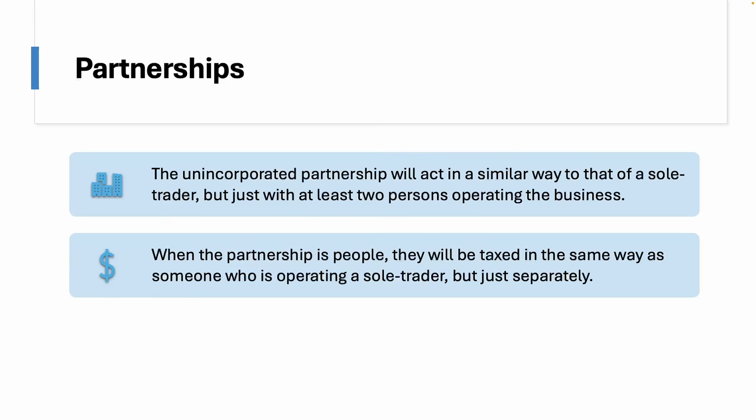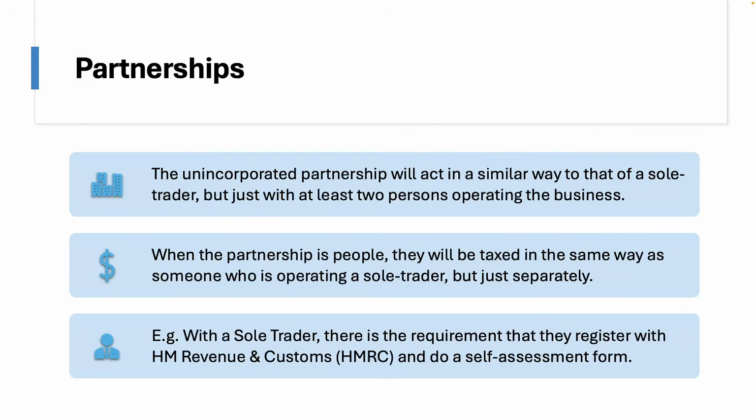They will just be taxed separately. They have to fill out their own taxation forms, the self-assessment forms, and then submit those forms to His Majesty's Revenue and Customs, HMRC. So that's essentially how you would pay tax as a sole trader, and that's how you pay tax as a partnership. You essentially register with HM Revenue and Customs and then do a self-assessment form in that way.